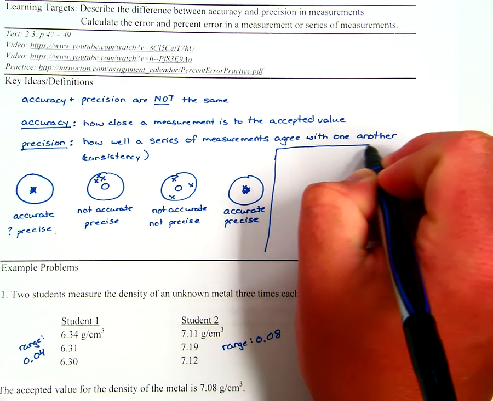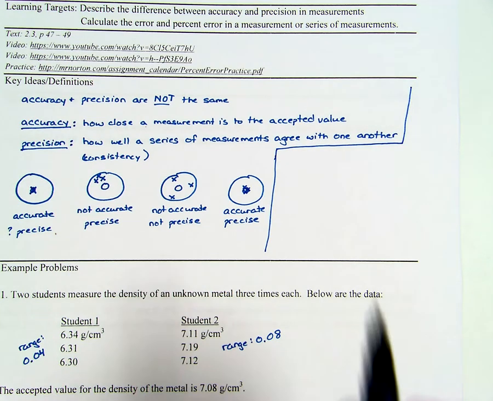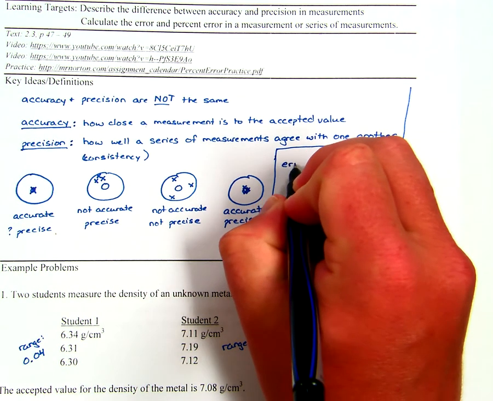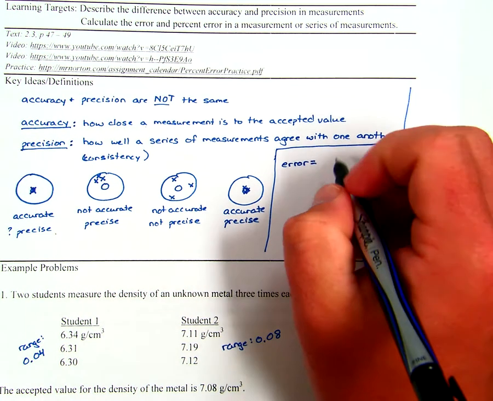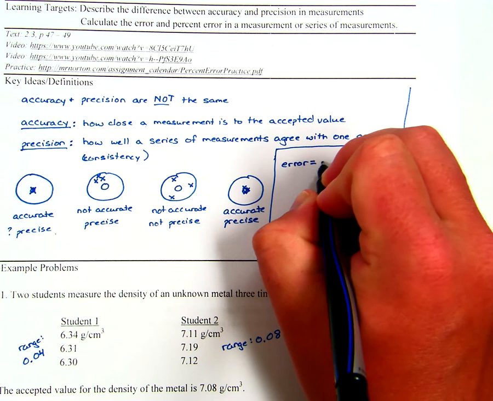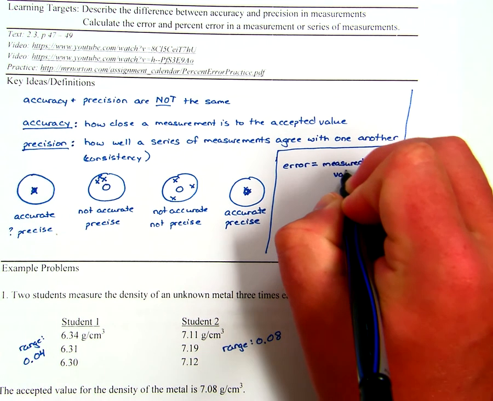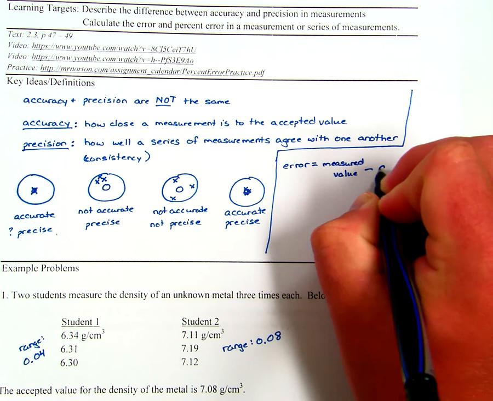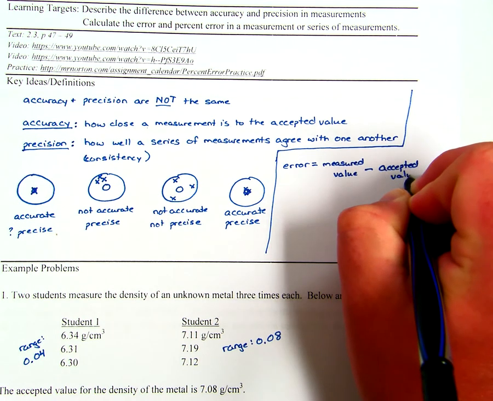If we want to talk about an error, if we want to know the error in your measurement, the error in the measurement is equal to the measured value, so this is what you would get in the lab, minus the accepted value, what you should have gotten. The error, measured value minus the accepted value.